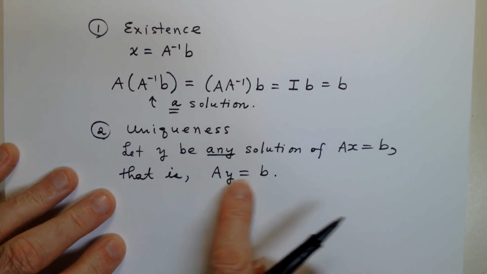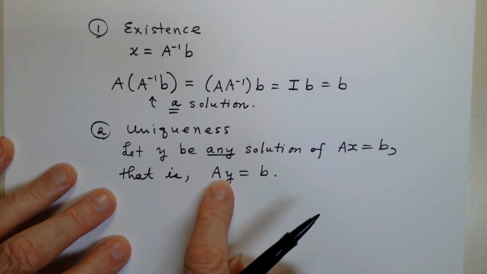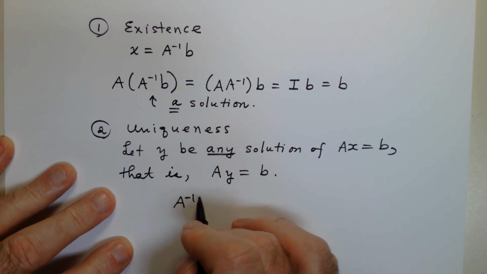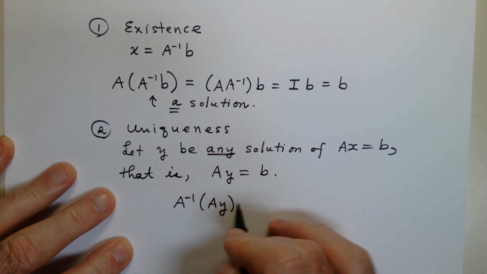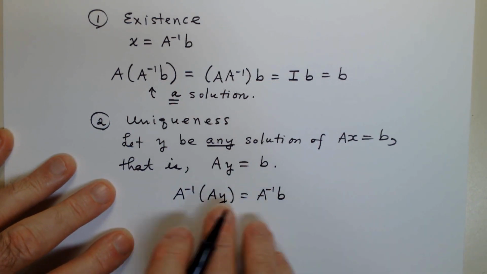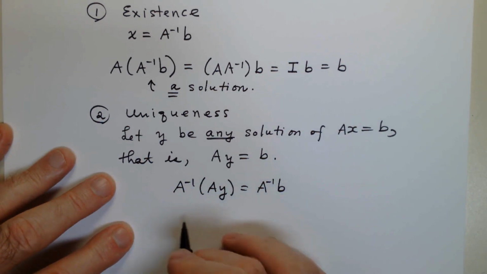So we're assuming that this is true. We're assuming that A times y equals the matrix B. Now I'm going to multiply both sides by A inverse. All right. Now again, we're going to use the associative law.